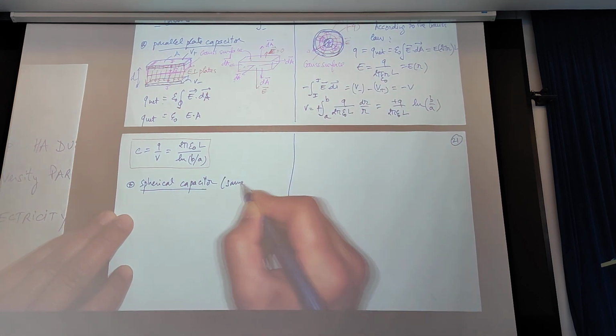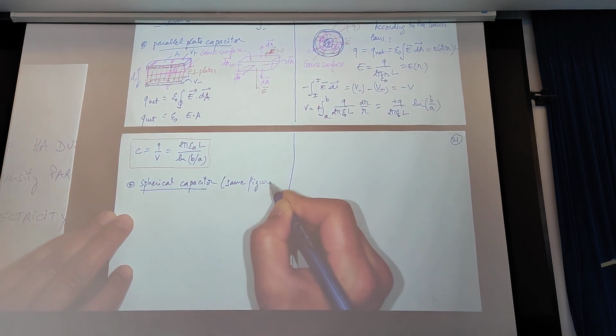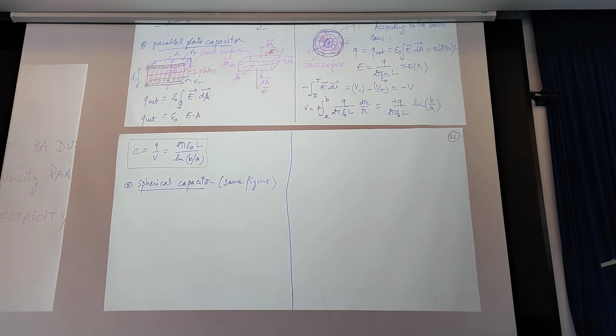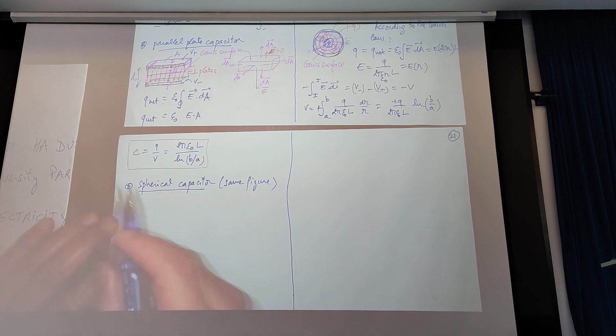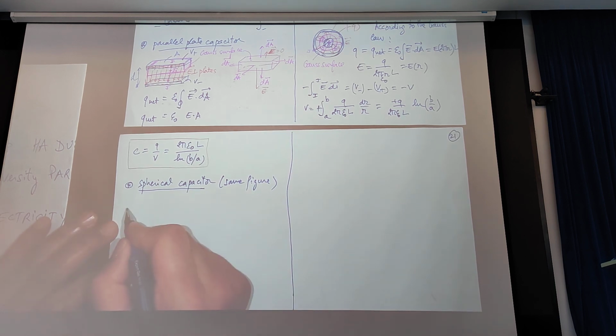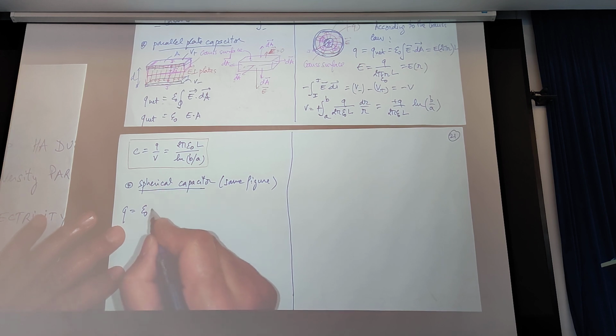Same figure. Okay? But what is changing is the surface, of course, of the Gauss law and the Gauss surface. Okay, so we can say that Q is now epsilon 0 E times the surface.